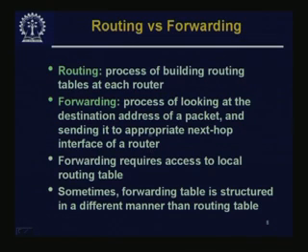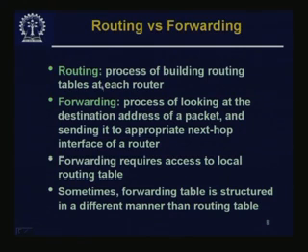So, you look up this table to see which interface I must send it to, and forward it. These two, routing and forwarding, are different and distinct parts of the router, and actually sometimes these two are divorced even more.